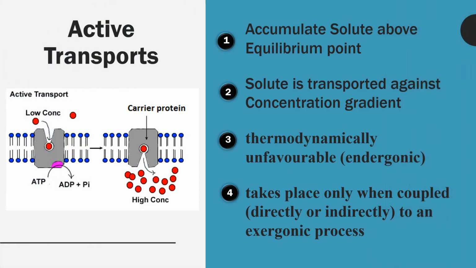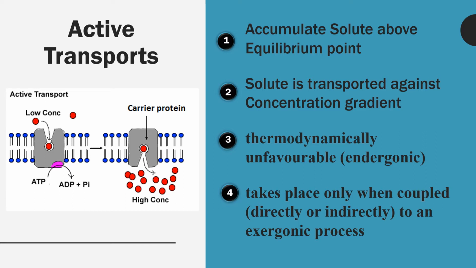When we discuss active transport, we discuss that active transport requires energy and requires some transporter proteins. But besides that, there is one important feature of active transport, and that feature is that active transport accumulates solute above equilibrium point.